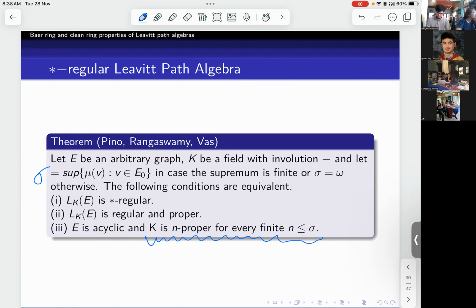Sigma is the supremum of the lengths of all paths if it is finite, and if it is infinite, we denote it by omega. So a Leavitt path algebra is star regular if and only if the underlying graph is acyclic and the field K has n-proper involution, where n is the supremum of the lengths of paths.